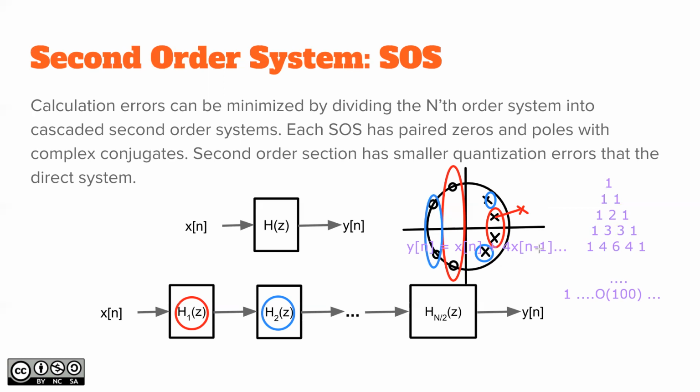So especially in the case of IIR, you want to organize the system as second order systems. Otherwise, you may end up having really bad results due to the poles moving outside of the unit circle.